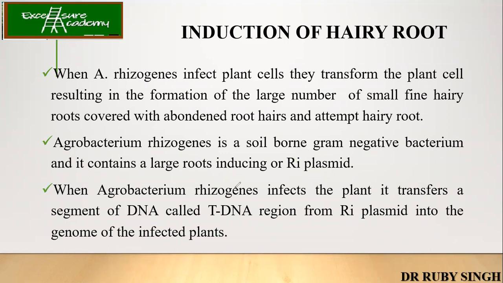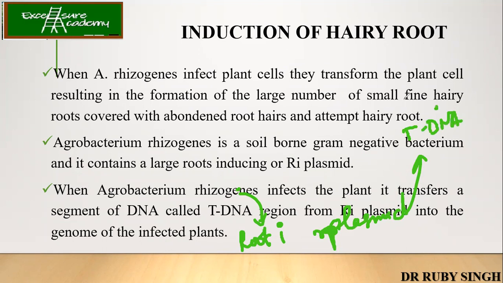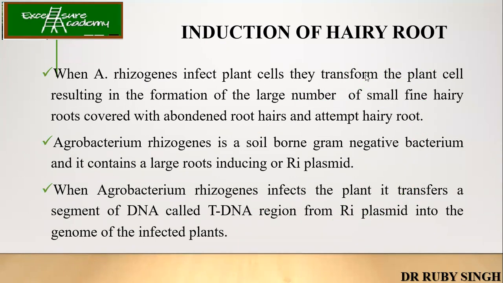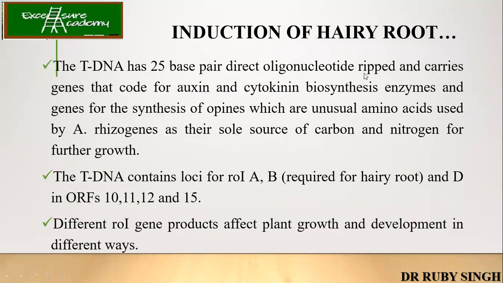Agrobacterium rhizogenes has a root inducing plasmid, and this plasmid has a T-DNA segment which goes inside the plant genome. Once it gets inserted, the plant gets infected and the hairy root starts. Keeping this in mind, slowly you need to add more.